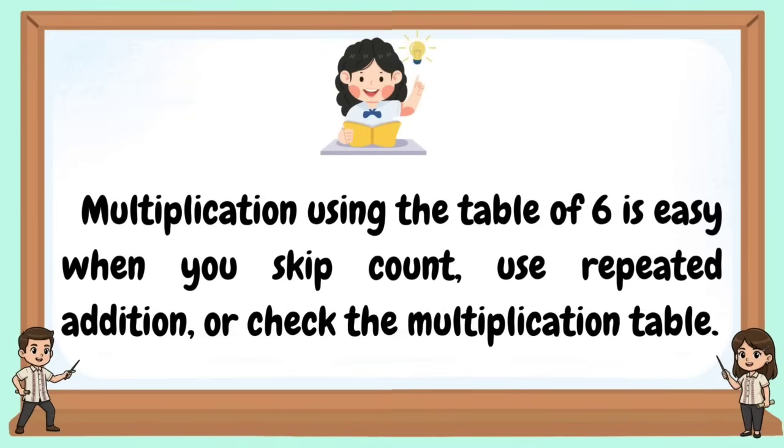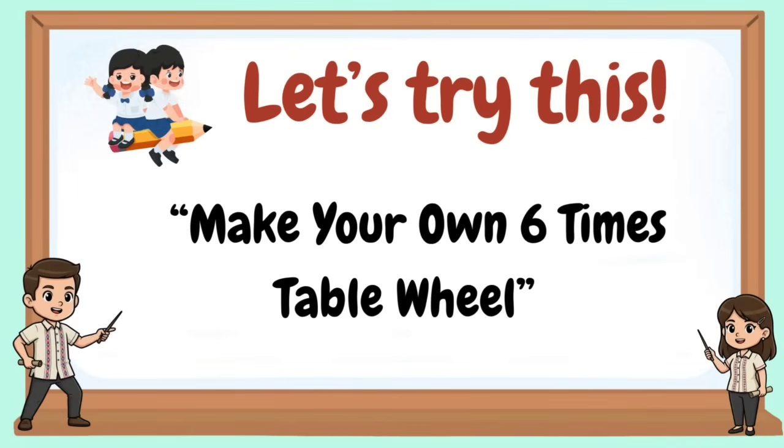Multiplication using the table of 6 is easy when you skip count. Use repeated addition or check the multiplication table. Let's try this. Make your own 6 times table wheel.